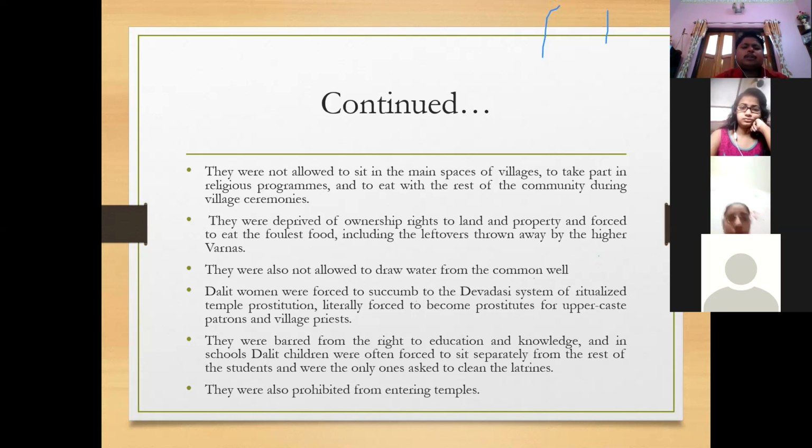They were also prohibited from entering temples. These are described here right now. All these things were already described when we studied Joothan. You have seen all of these things which Om Prakash Valmiki has described in his book.